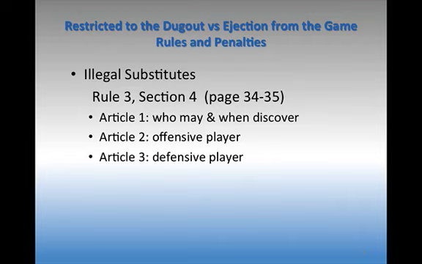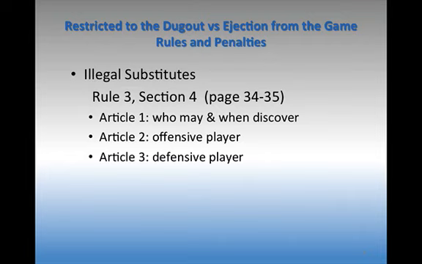The penalty, restricted, and the offensive player is out. Article 2. Illegal offensive players may be discovered when the penalty, if before the next pitch, the offensive player is out and restricted. If after the next pitch, then the play stands and the offensive player is restricted.